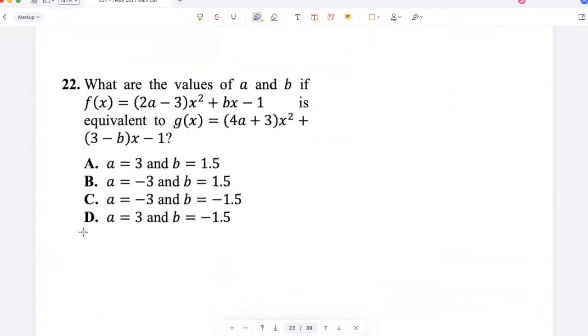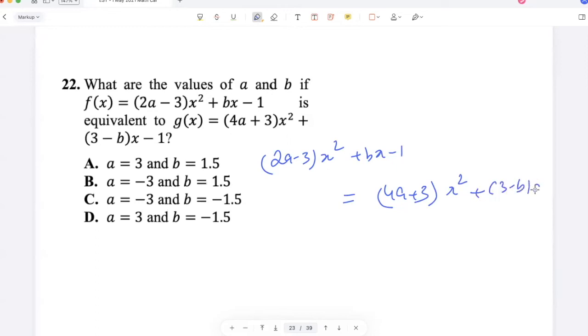What are the values of a and b if f(x) is equivalent to g(x)? Okay, so (2a minus 3)x squared plus bx minus 1 is equivalent to (4a plus 3)x squared plus (3 minus b)x minus 1.